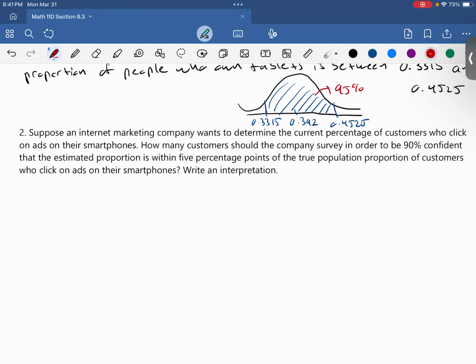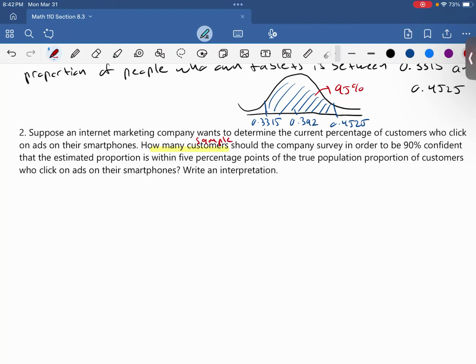Number two states, suppose an internet marketing company wants to determine the current percentage of customers who click on ads on their smartphones. How many customers? Let me go ahead and highlight that, because that means sample.